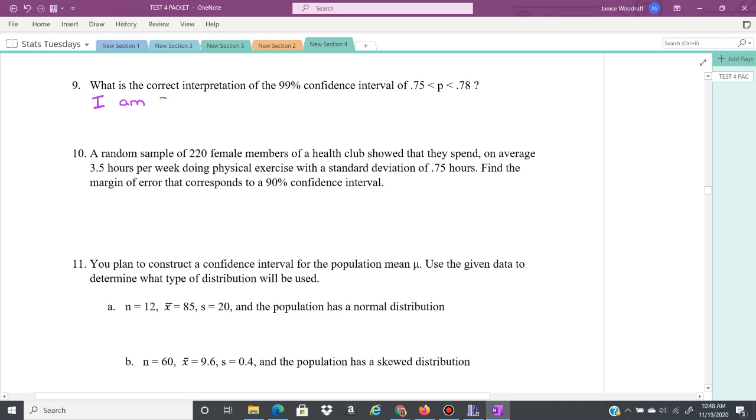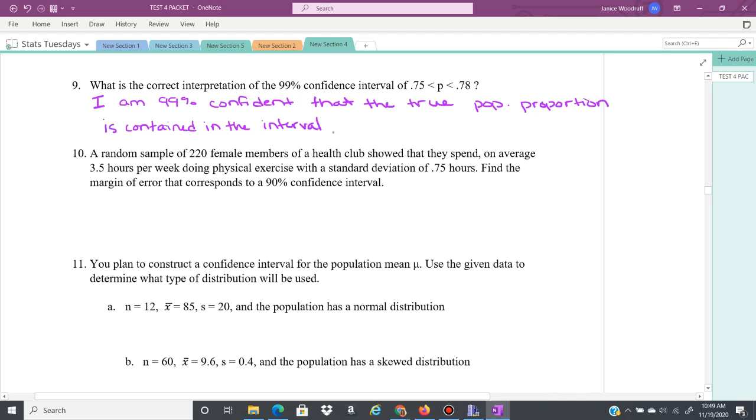I am 99% confident that the true population proportion of whatever this is is contained in the interval from 0.75 to 0.78.